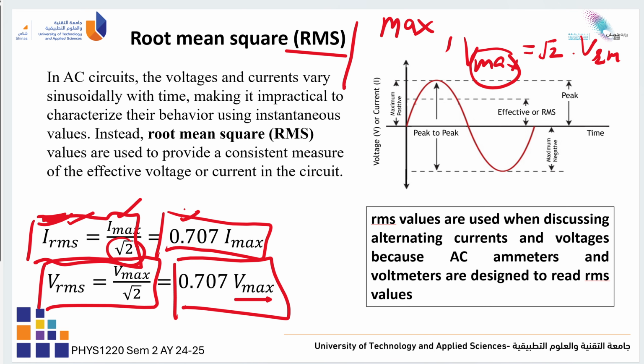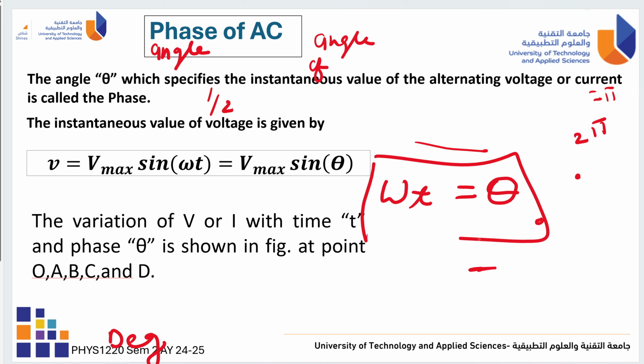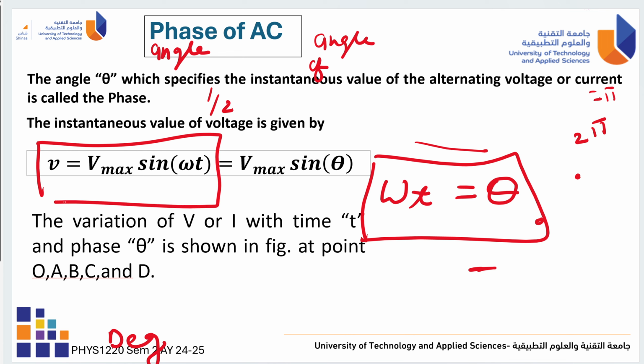The same formula I can write in the form of the phase angle. The omega, the angular frequency, multiplied by the time is equal to the phase angle. They have the same meaning. So this is the instantaneous voltage: v equals V maximum sine omega t.